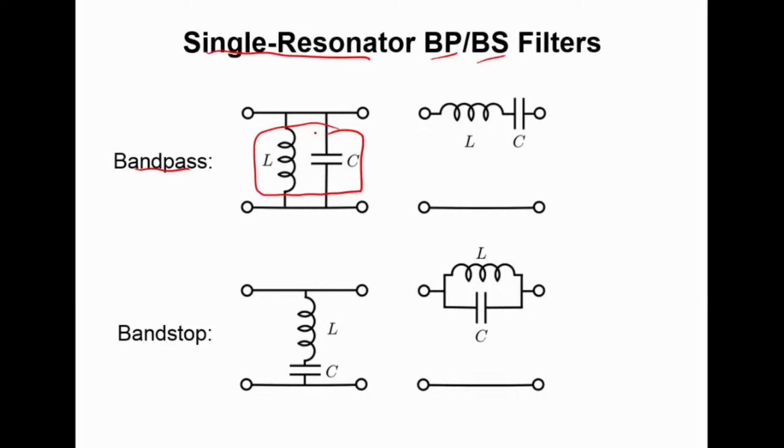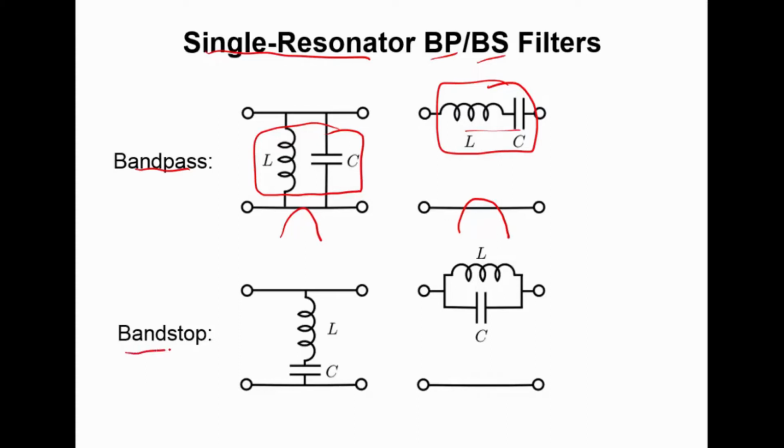That impedance will be less than infinite at other frequencies, and that'll give us a bandpass shaped response. I can do the same thing by arranging L and C in series, and then also have that LC combination in series with the input and output ports. That once again will give me a bandpass response because this arrangement will be a short circuit at the specified frequency of resonance, and it will have relatively higher impedance at other frequencies.